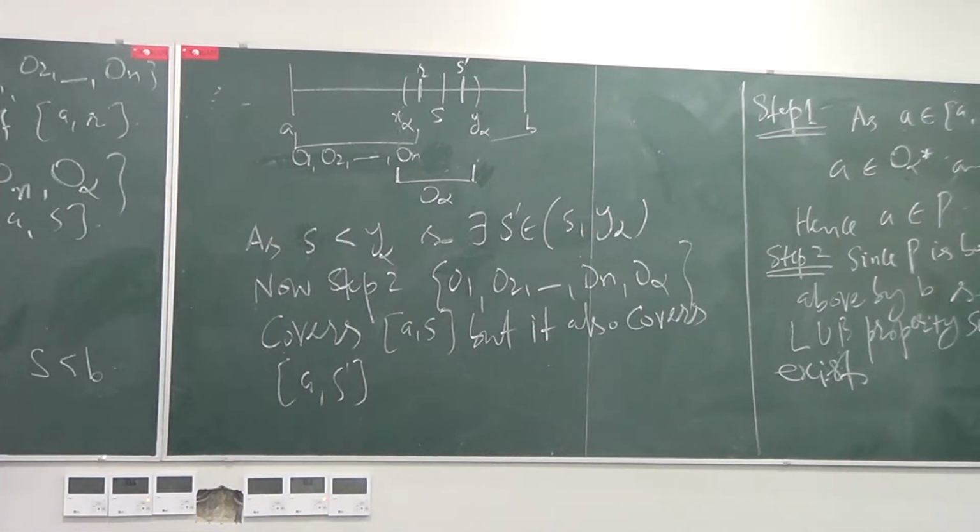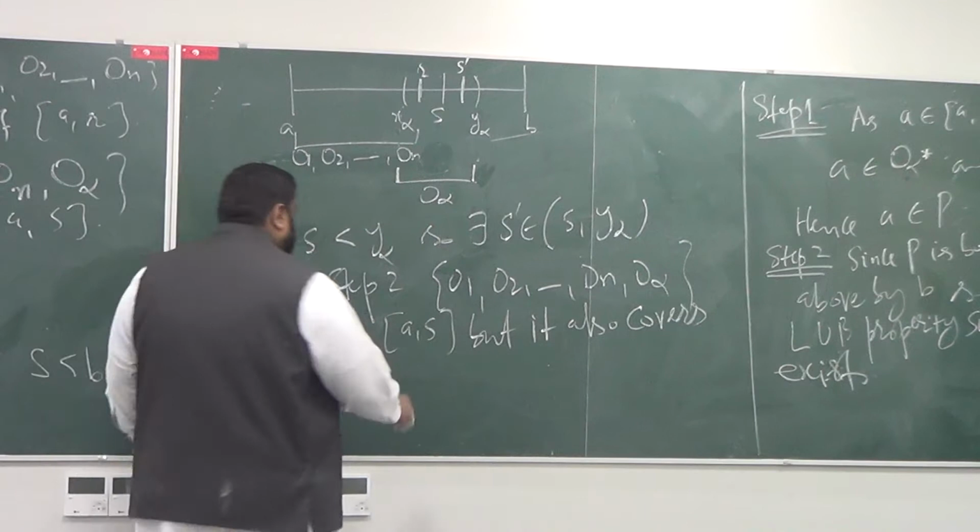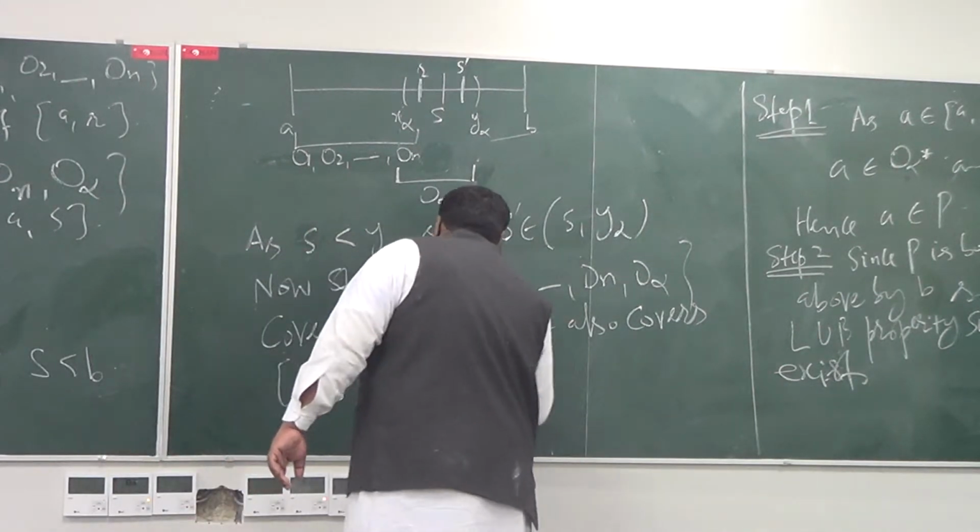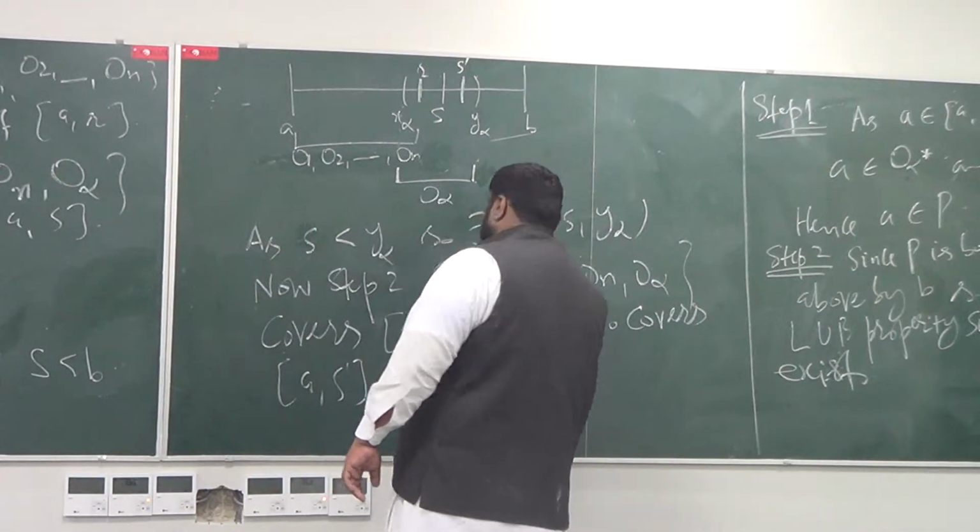It covers A to S prime. Why? Because this n plus 1 set of open sets are covering everything, from A up to Y alpha. So S prime is included. This implies S prime belongs to P.